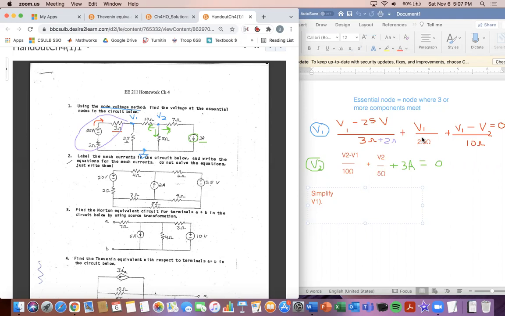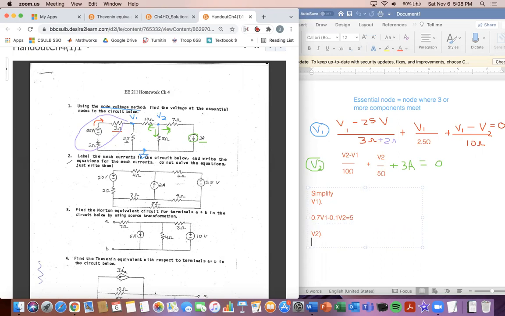When I do that, 1 divided by 5 plus 1 divided by 2.5 plus 1 divided by 10, I get 0.7. So I'm going to get 0.7 V1. And then for V2, I get negative 1/10, so negative 0.1 V2. And then I'm going to set that equal to negative 25 over 5 here. Add that to the other side. It's equal to 5.